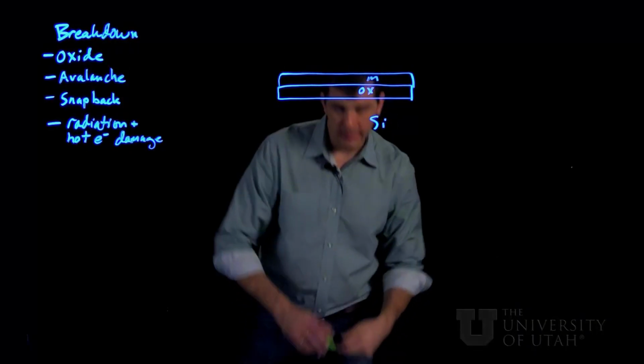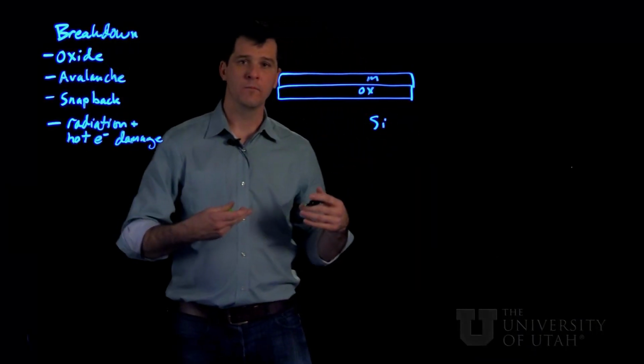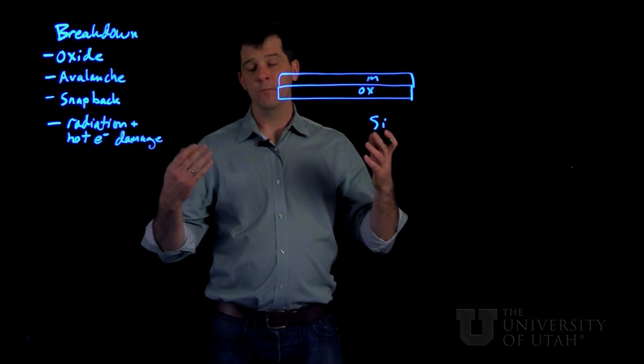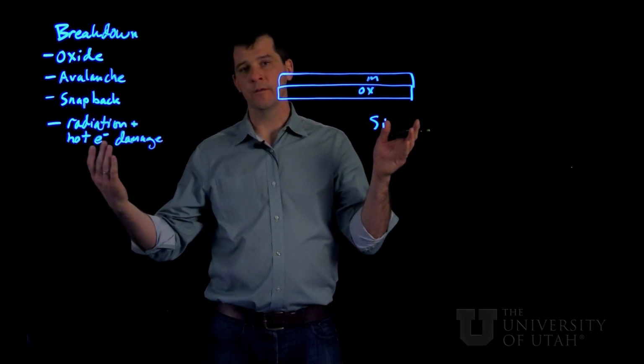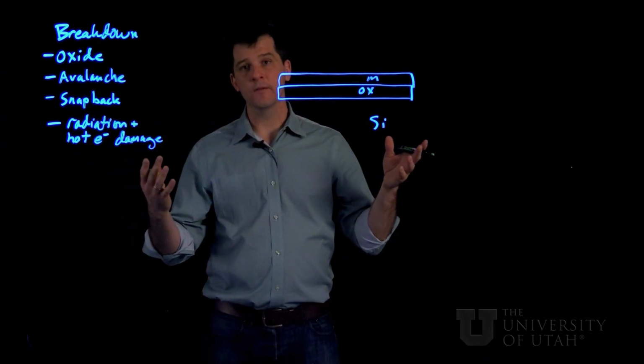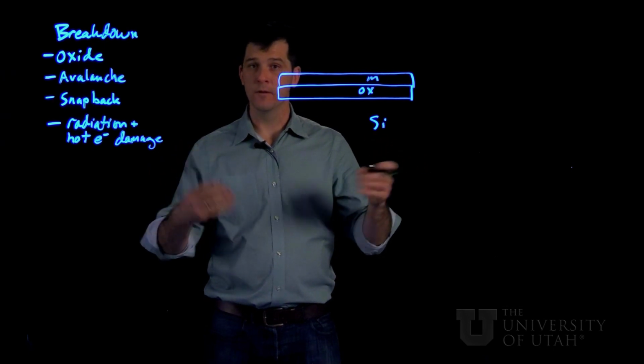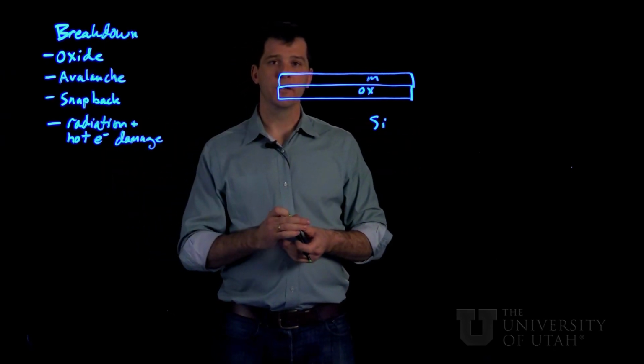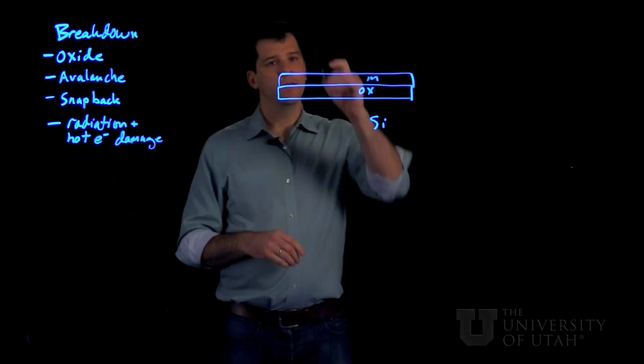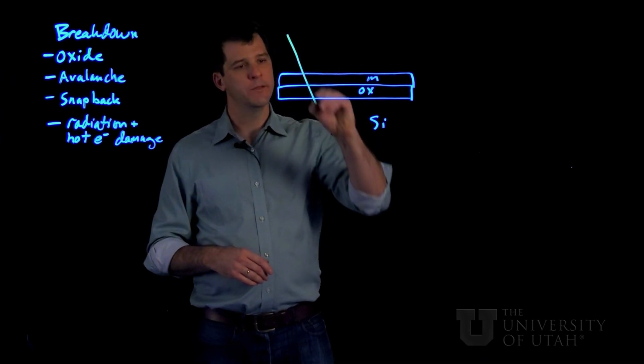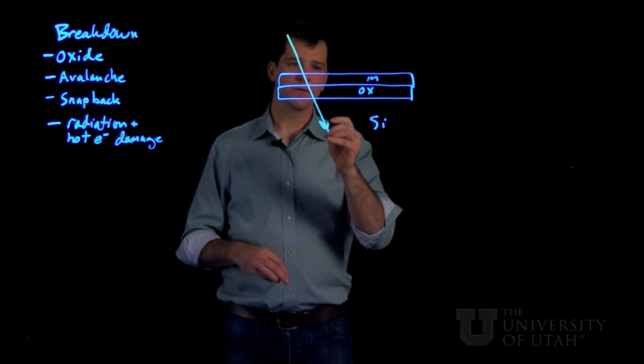What happens when high energy particles from some source, it might be that your electronics are flying in space, it might be that cosmic rays are hitting your computer chips, it might be that you're operating in a nuclear reactor. In any of these cases, some high energy particles might be flying through your device.